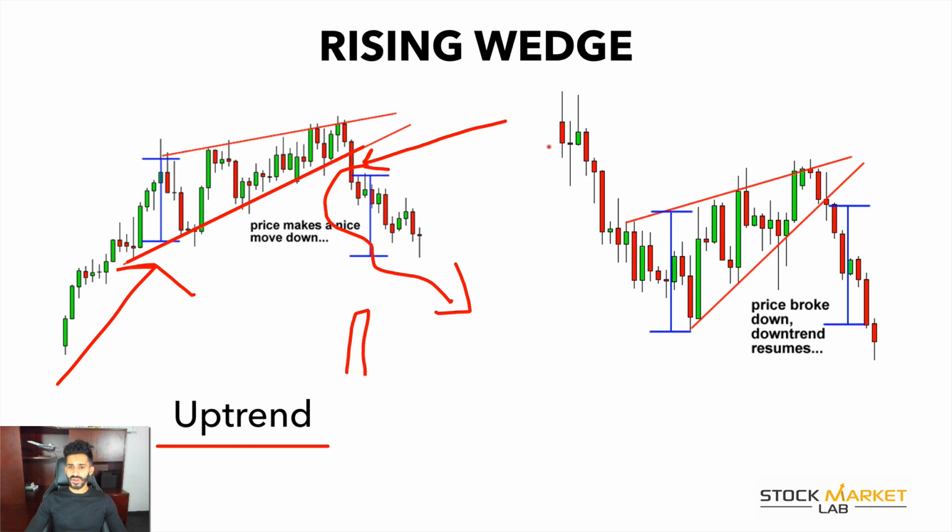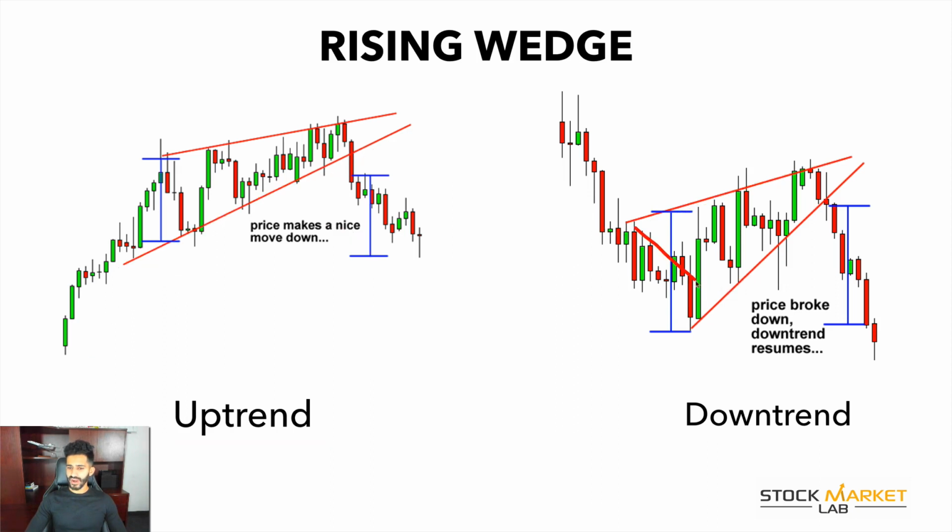Now, let's say a stock is on a downtrend and there's a rising wedge. You can see the low gets higher, the high gets higher, right? The price gets tighter and tighter. And as soon as the stock makes a big move, there's a high probability that it will continuously keep going down on a downtrend.